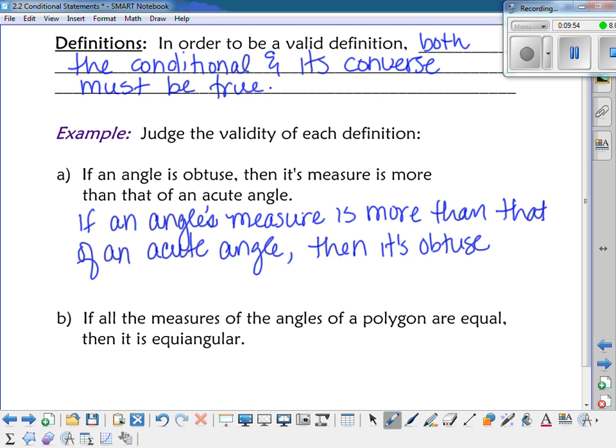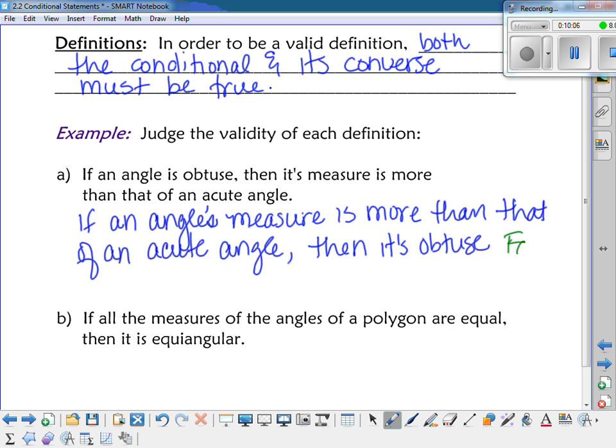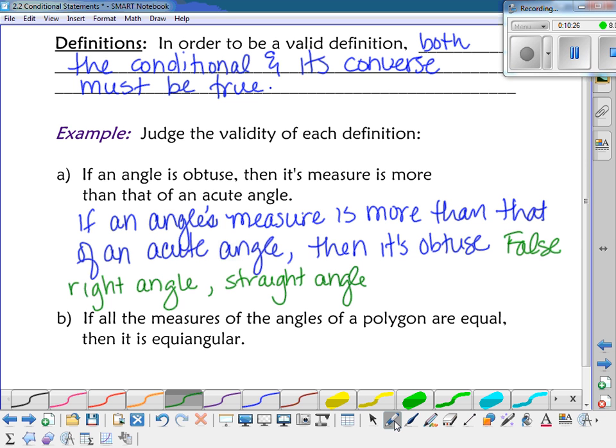If an angle's measure is more than an acute angle, is it always going to be obtuse? Well, not necessarily, because there are two other possible angles it could be, so this is false. Your counterexample could be either a right angle, which is more than an acute angle, but it's not obtuse, or you could also use a straight angle as a counterexample. And so because the converse is false, this is not a valid definition.